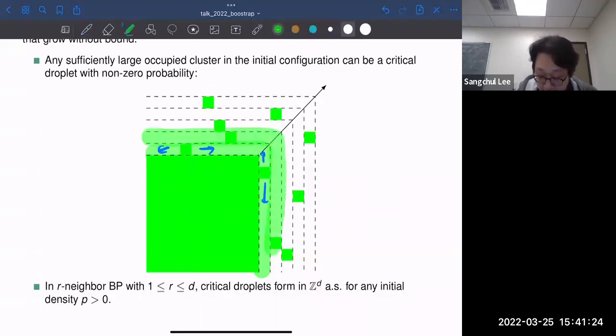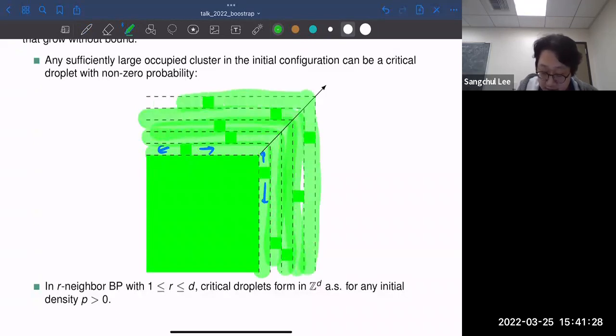Subsequently this layer will be occupied, then this layer, and so forth.